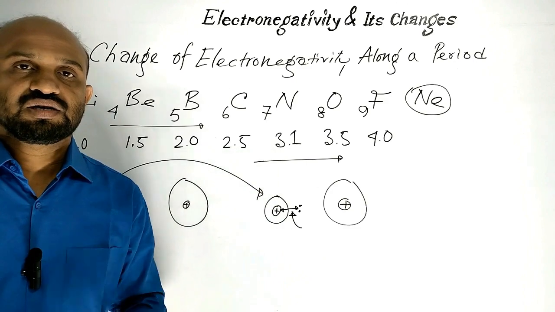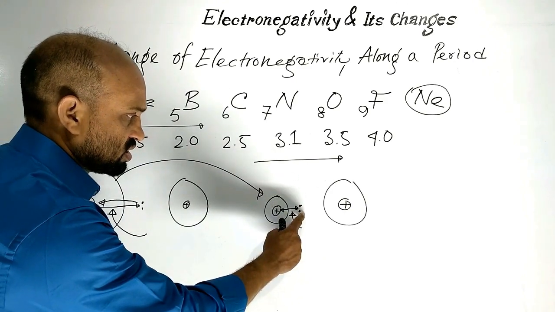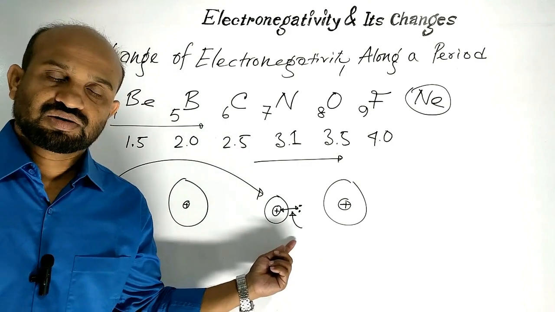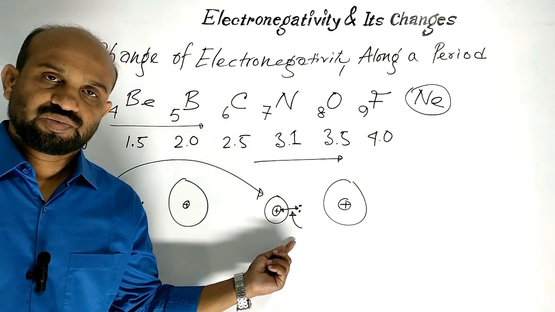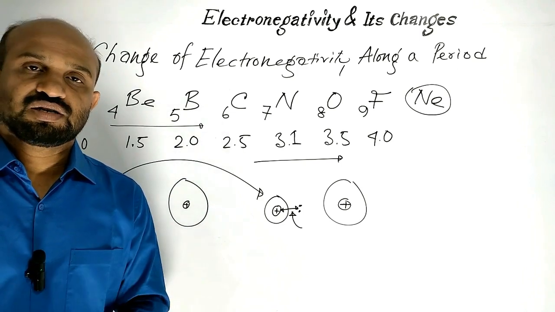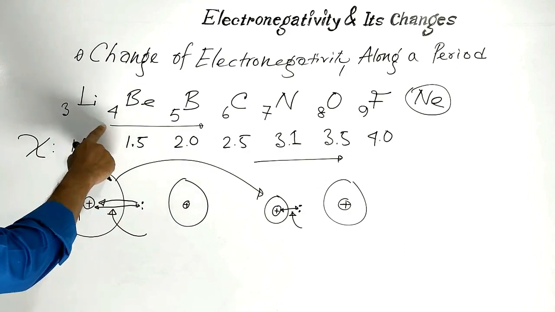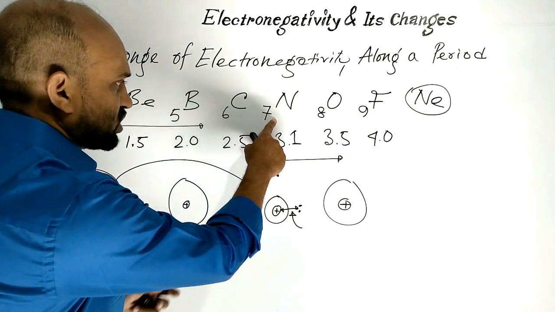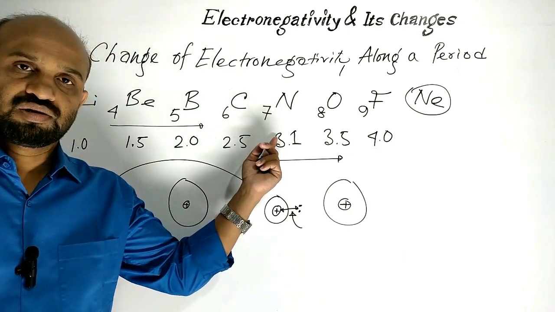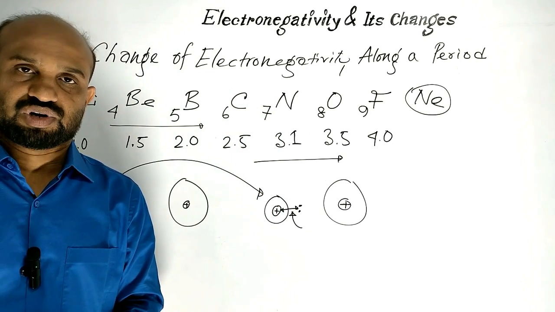With the decrease of distance between the nucleus and covalently bonded electrons, attraction increases. That means electronegativity increases with the decrease of atomic size. As atomic sizes decrease from left to right along a period, electronegativity increases along a period from left to right.